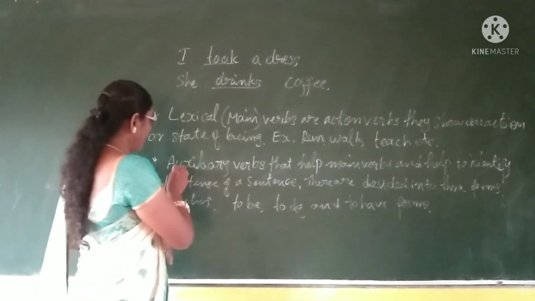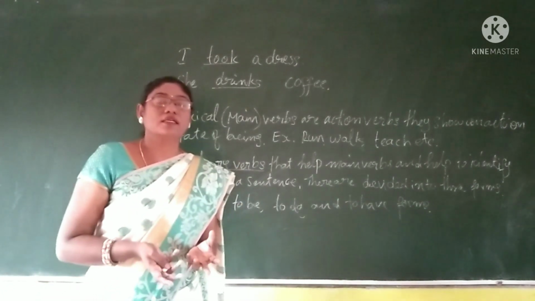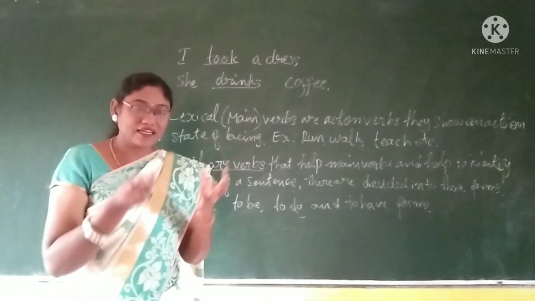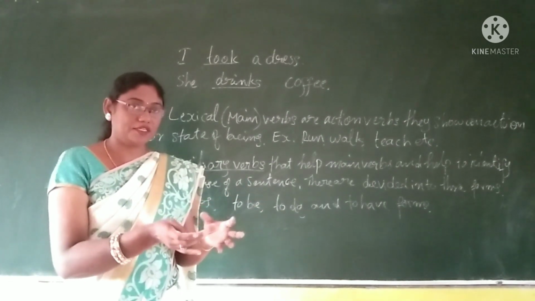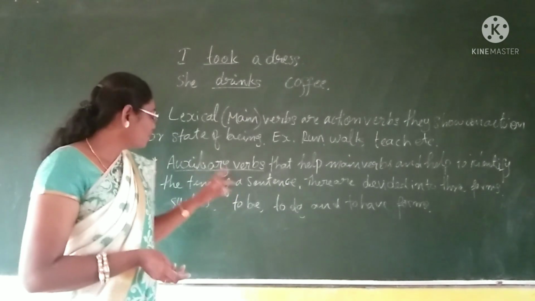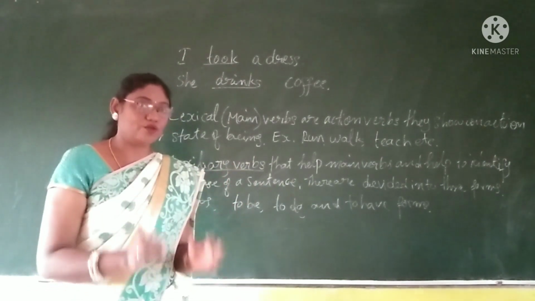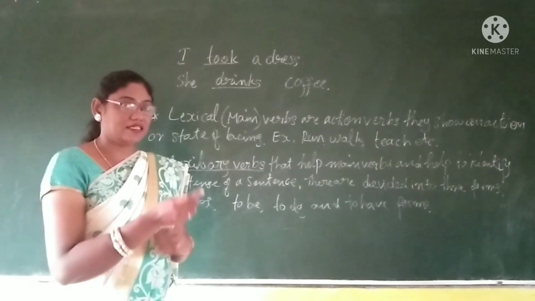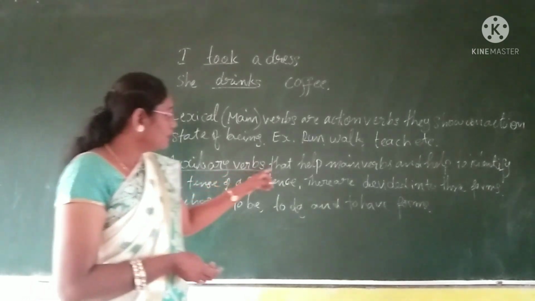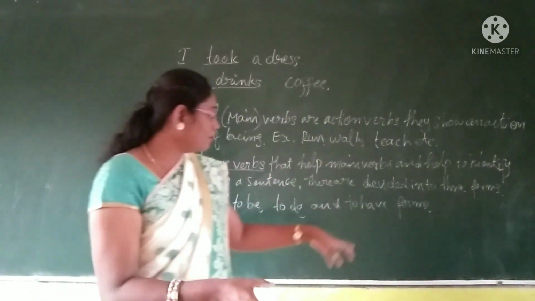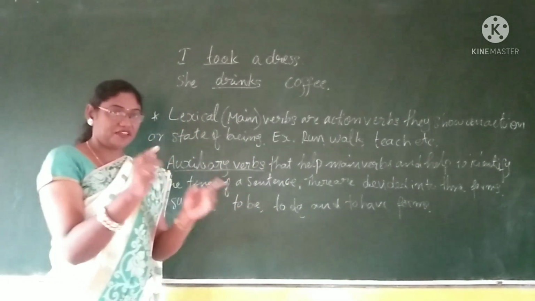Now, let's move on to auxiliary verbs. Auxiliary means what? Auxiliary means help. So these are known as helping verbs also. Auxiliary verbs are called helping verbs, and they help the main verb and help to identify the tense of a sentence.